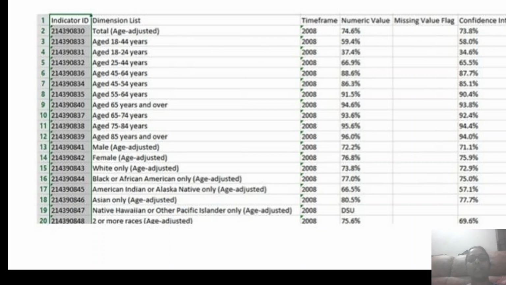Similarly, the second column represents the dimension: what age group they belong to, whether they are male or female, and which country they are from. In the dimension list we have so many values. Please go through that. The next column is the time frame, in which year the data was collected, whether 2008 or 2020 or something. Similarly, there is a numerical value which represents the percentage missing.